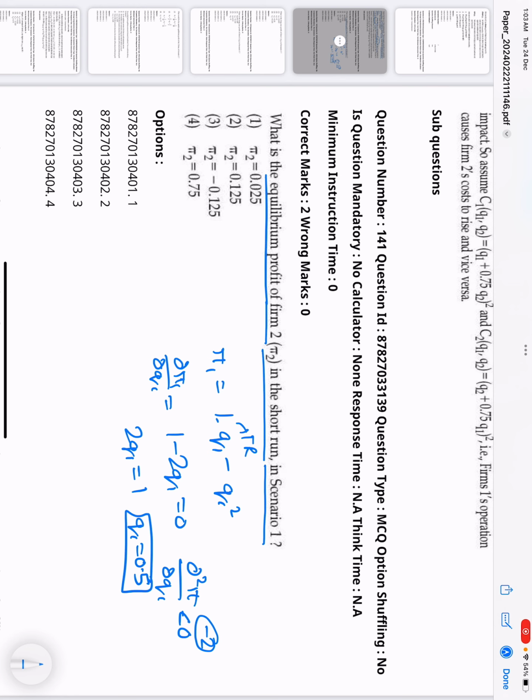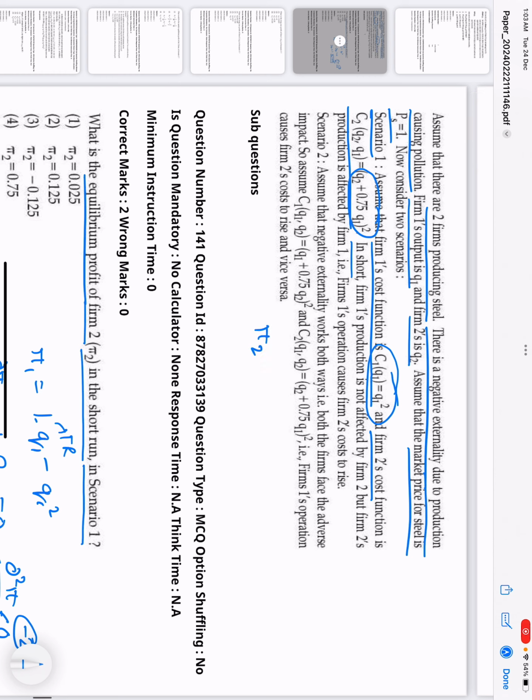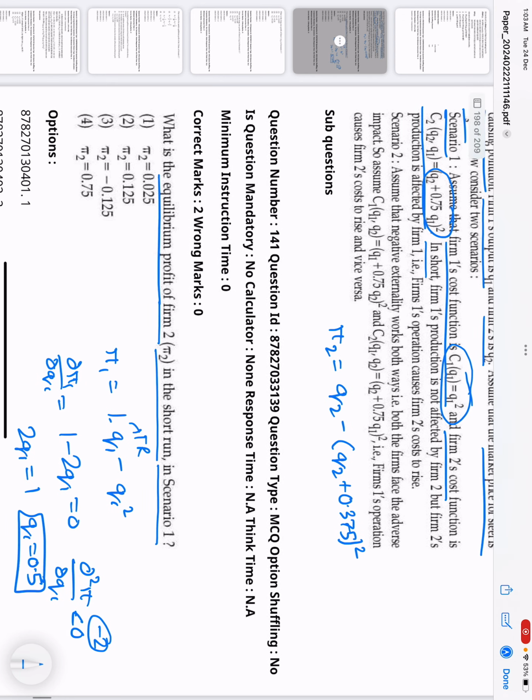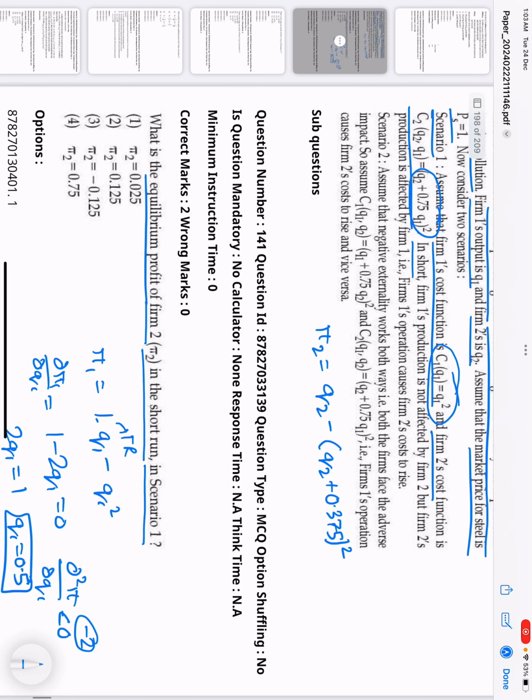Now if Q1 equals 0.5, then the profit of firm 2 would be price into Q2 minus (Q2 plus 0.75 into 0.5) square. 0.75 into 0.5 will give you 0.375. Now the profit maximizing bundle would be del.